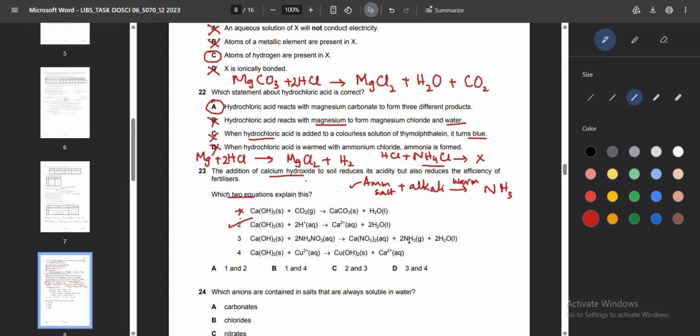Ammonia gas is formed. See over here, it's the same reaction. Ammonia gas is formed. So this reaction is also correct. Fourth one is calcium hydroxide. They do not react with copper ions. So which option is correct? Option C, because second and the third reactions are the correct ones.